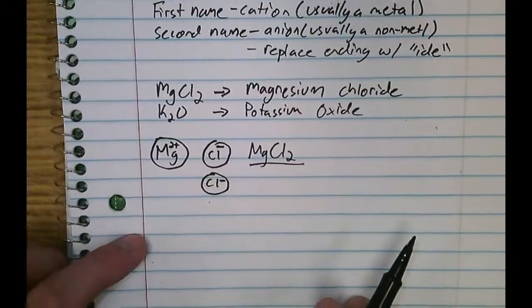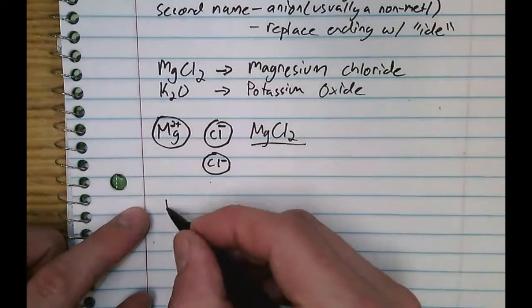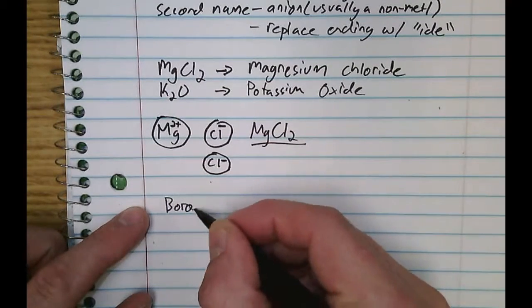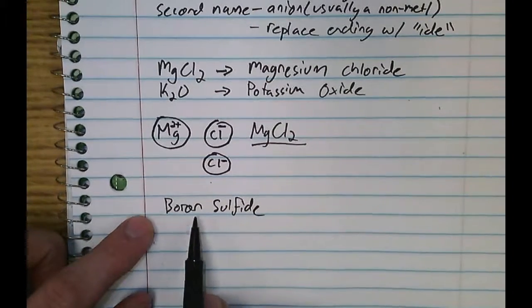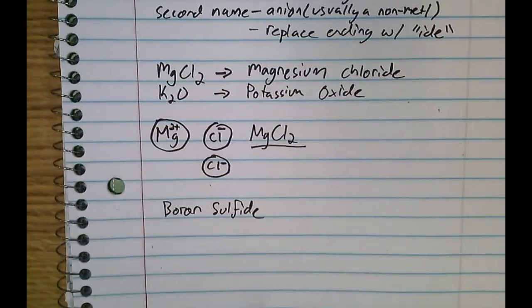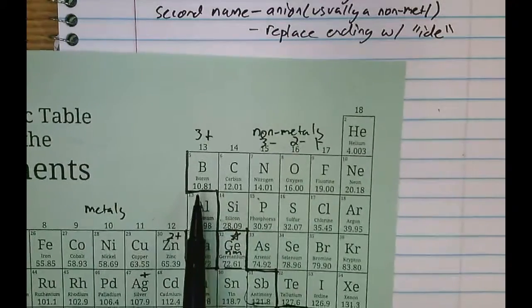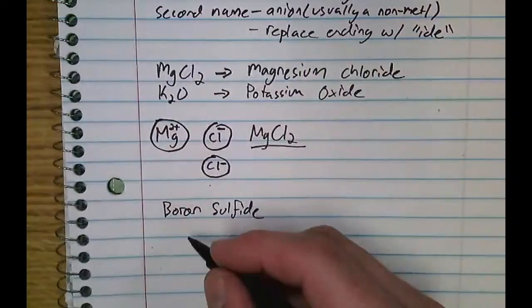So let's do one more example of this with one that we don't already know the answer to. I could say boron sulfide. So boron is going to be boron. So right, I didn't change the name at all. So find boron, and this guy is going to take on a 3+ charge.